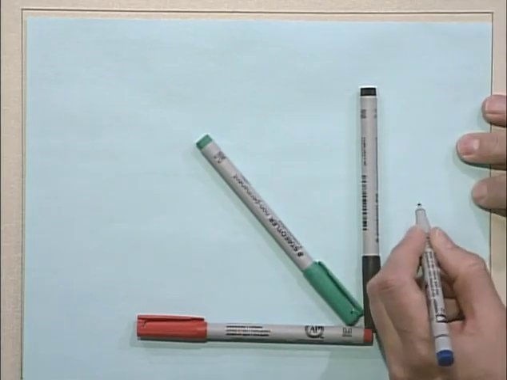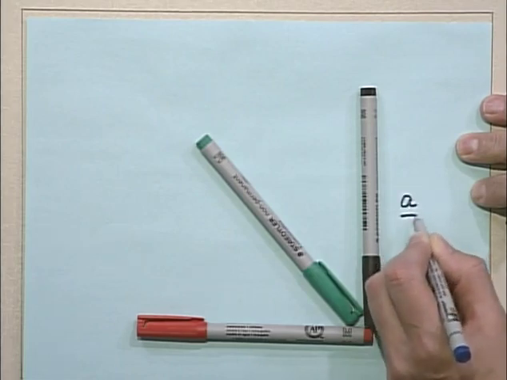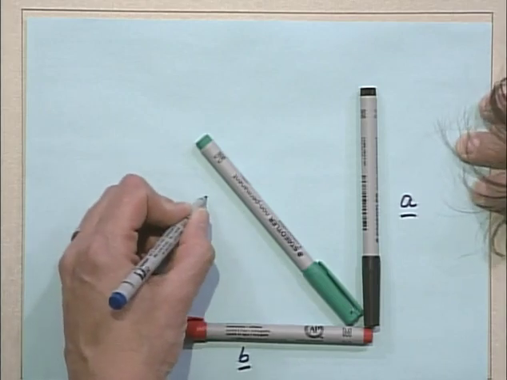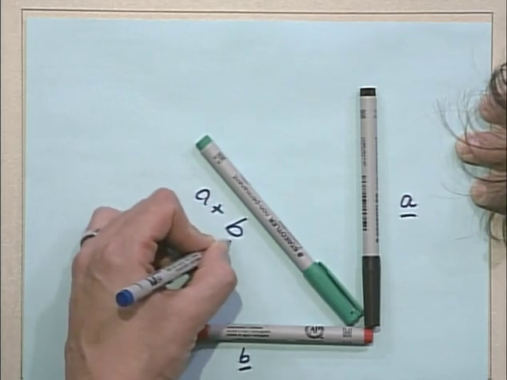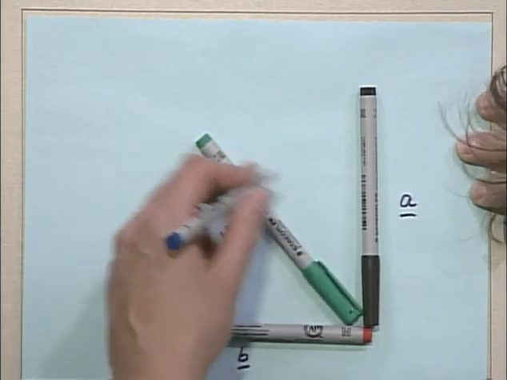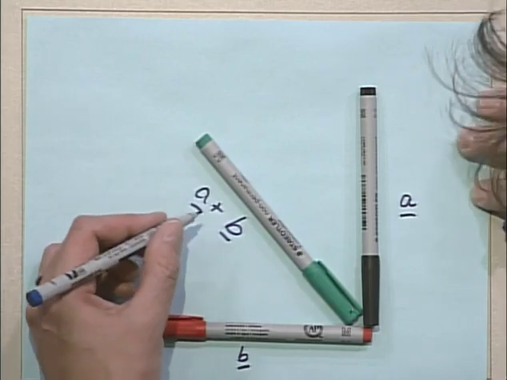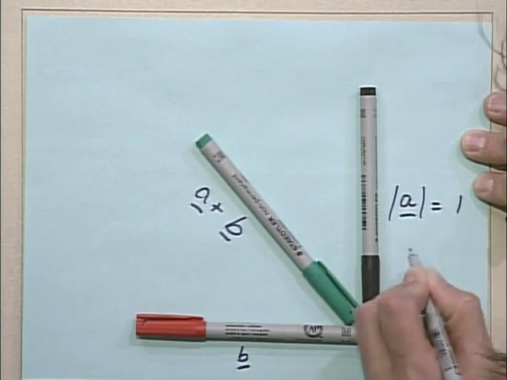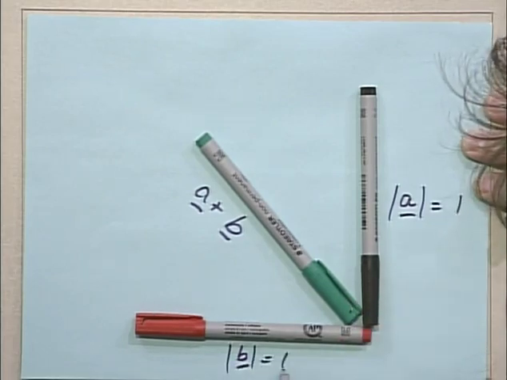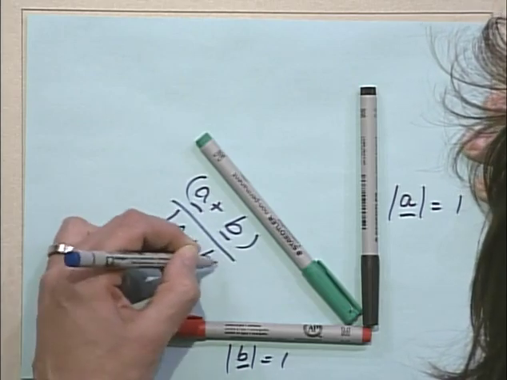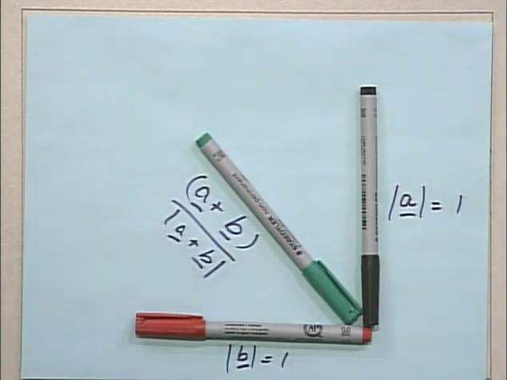If this is one direction, let's call this one A, and we can call this one B, then I can get this one as A plus B, divided by the magnitude of A plus B, so it'll have the same length. So let's say this is a unit vector. I can make a linear combination of these two to get the third, and so they're linearly dependent.